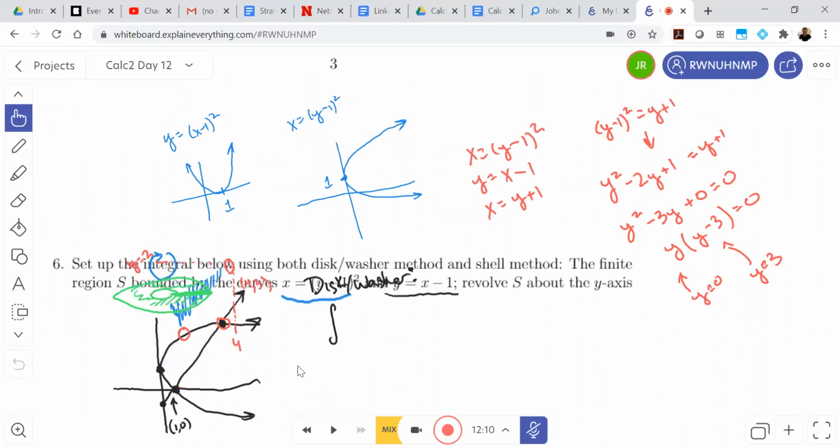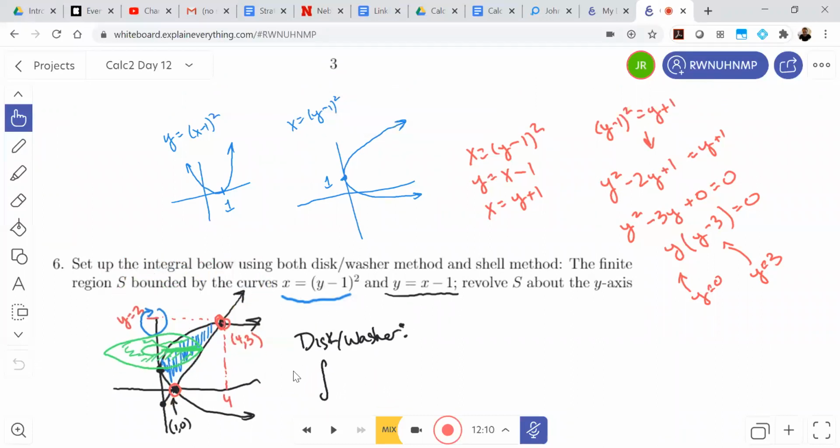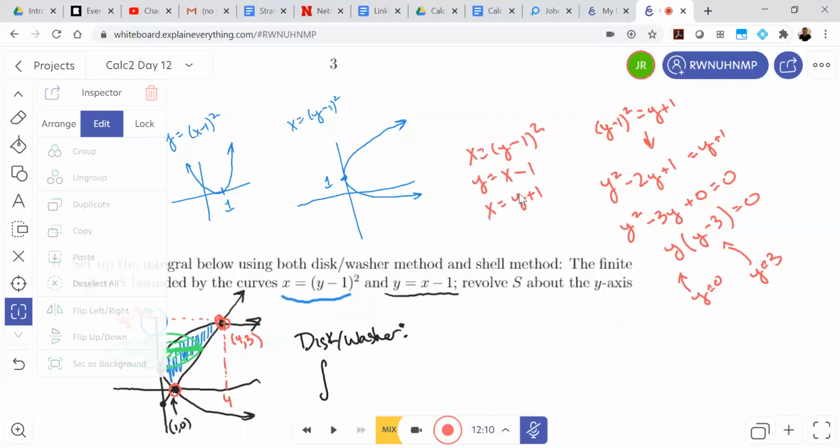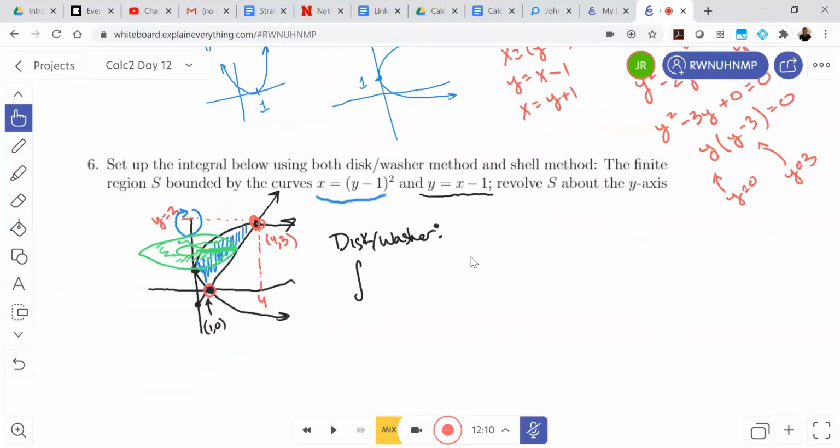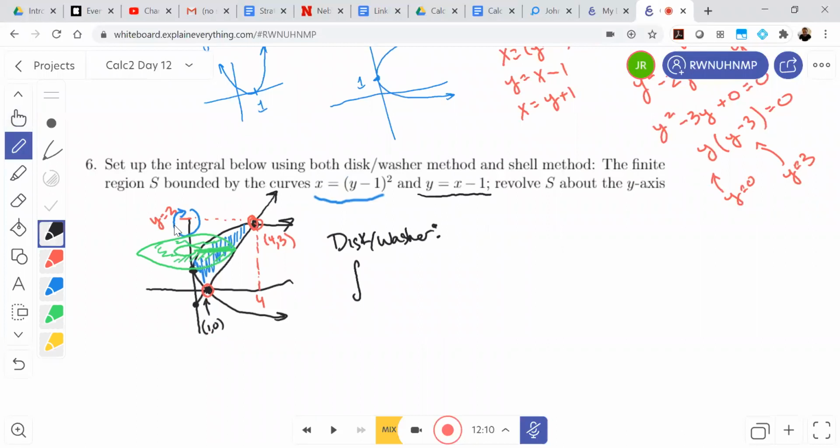Let's try that again. All right, so the disk/washer method, we have an integral as y goes from its lowermost y value up to its uppermost y value.